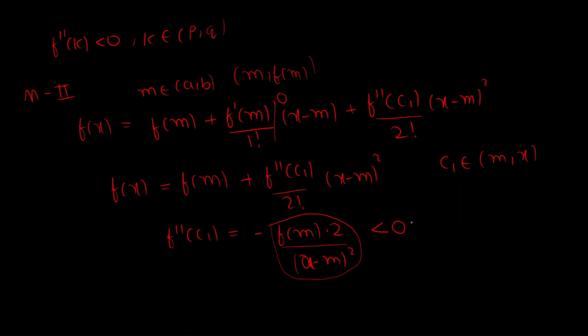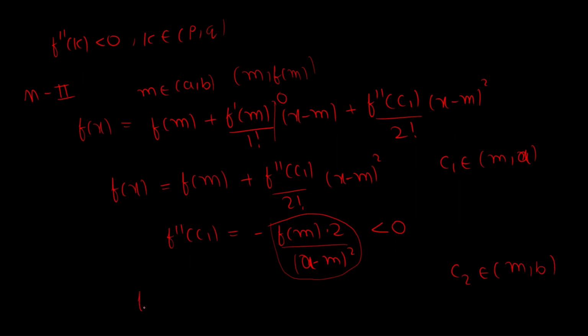Here you can also do another thing. Instead of putting x equal to a, you can put x equal to b. Now we will have a different constant c2. Since let's say c1 is lying between m and a, c2 will lie in between m and b.